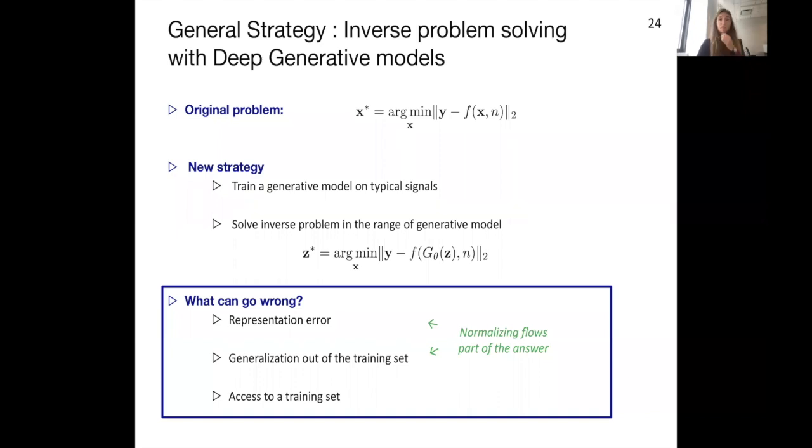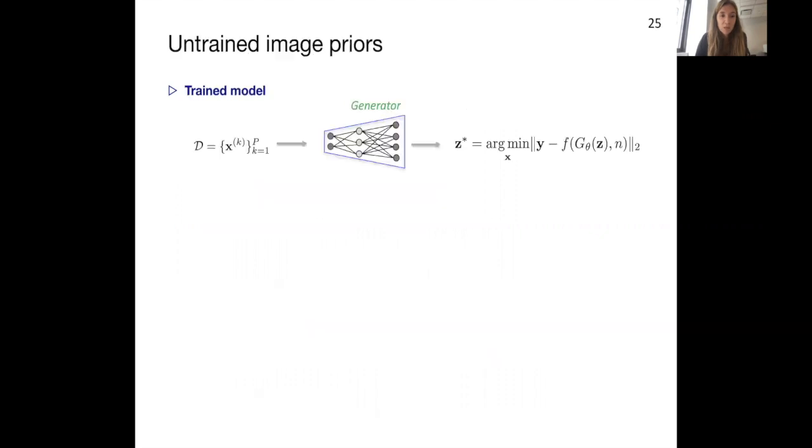But it turns out that there can be untrained neural network priors that are still good representations of the data. Let me remind you of the workflow for the trained models: we had a data set that was used to train the generative models, and then we looked for the optimal latent representation.